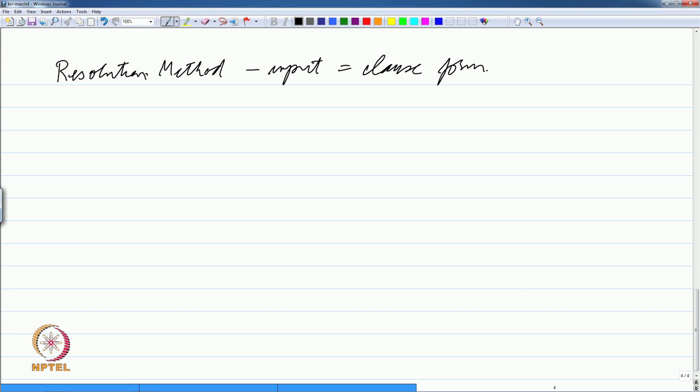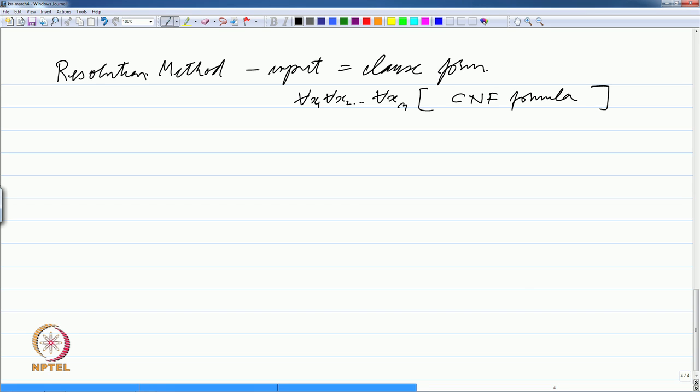And when we say clause form, we essentially mean that the form should look like this: for all x1, for all x2, for all xn, and then there should be a CNF formula inside.